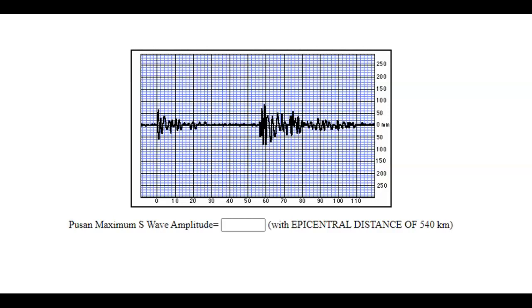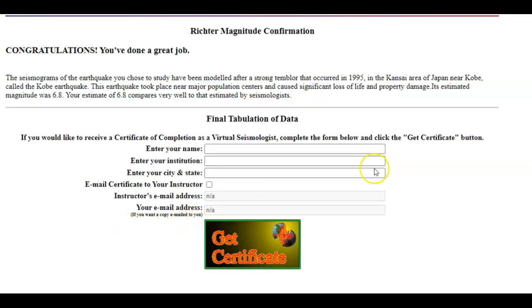If you do a good job, you'll end up coming to this page here. What I want you to do is enter your name, enter MCC, or Mesa Community College, and put the date you did it right here, so October 2nd, or whatever date you're doing it, 2020. Then hit Get. I don't want you to email it to me.